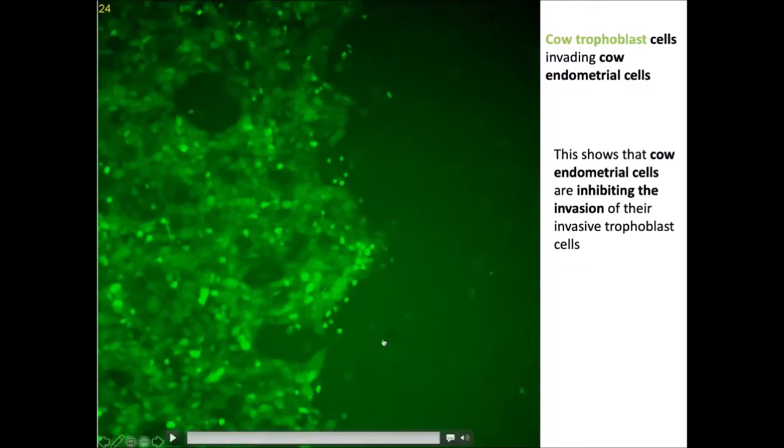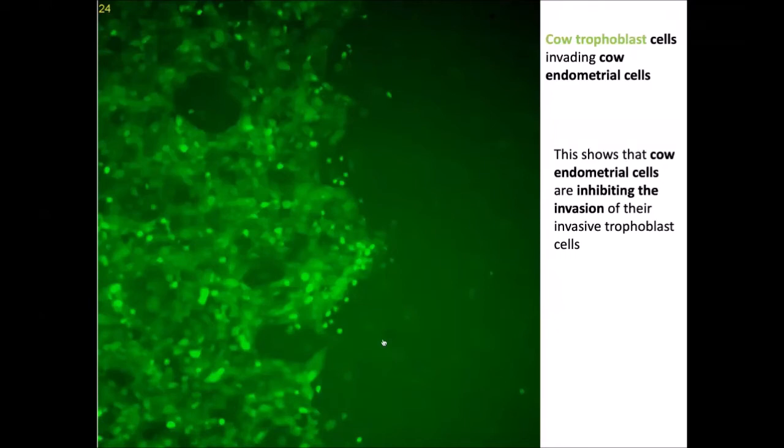So that supports the notion that differences in invasiveness are to a large extent determined by the biological nature of the fibroblasts, the stroma surrounding the cells.